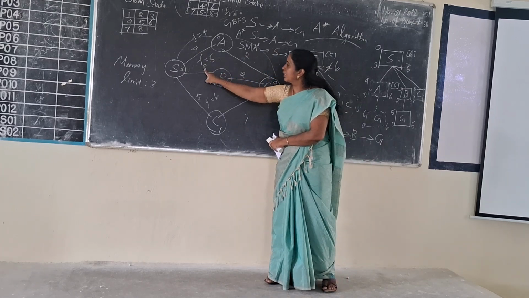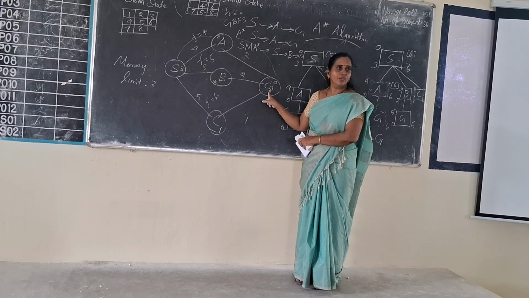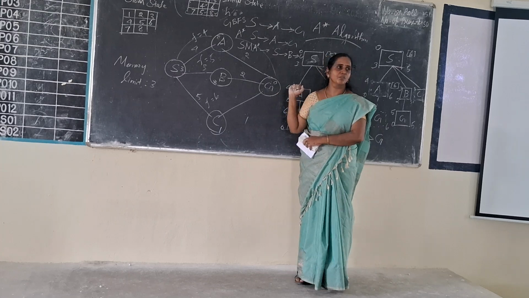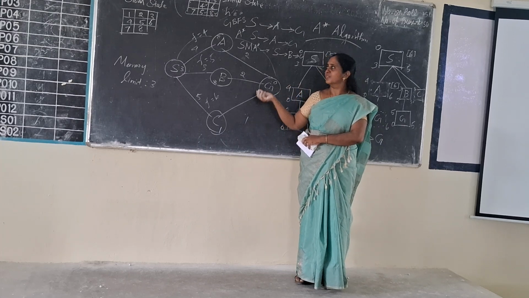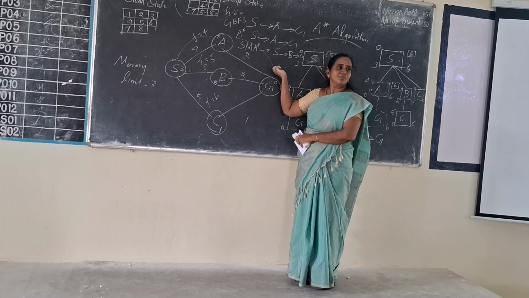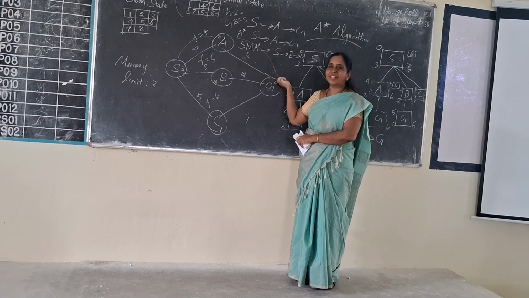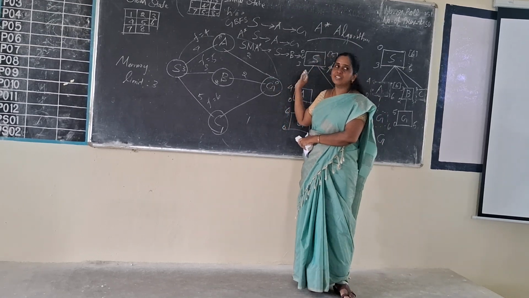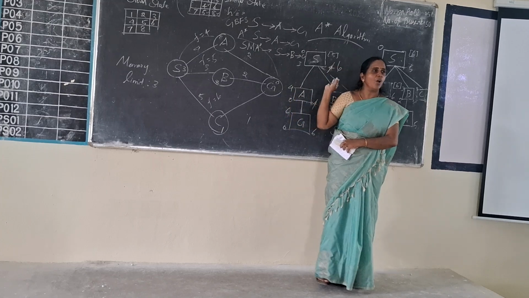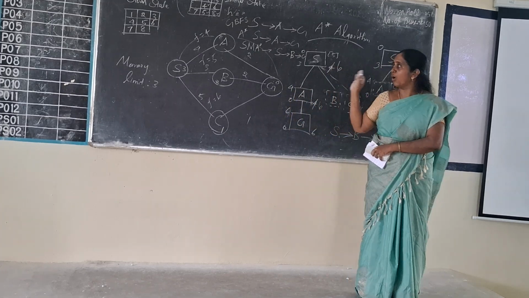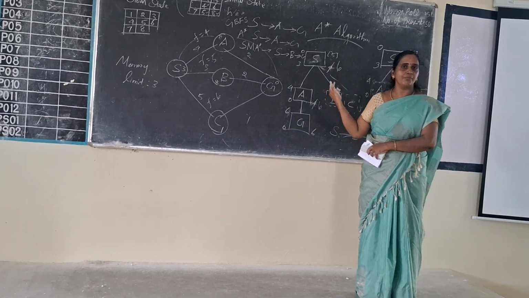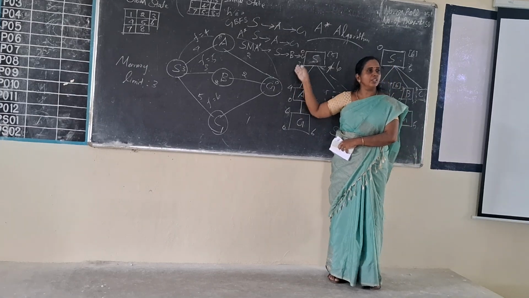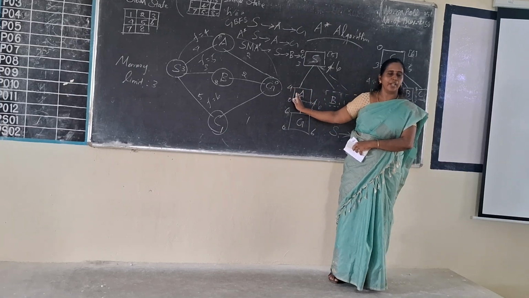But here 3 plus 2, 5. So which is optimal? Okay. So the thing is, we cannot guarantee that the algorithm will provide the optimal solution for all cases, all the graphs.